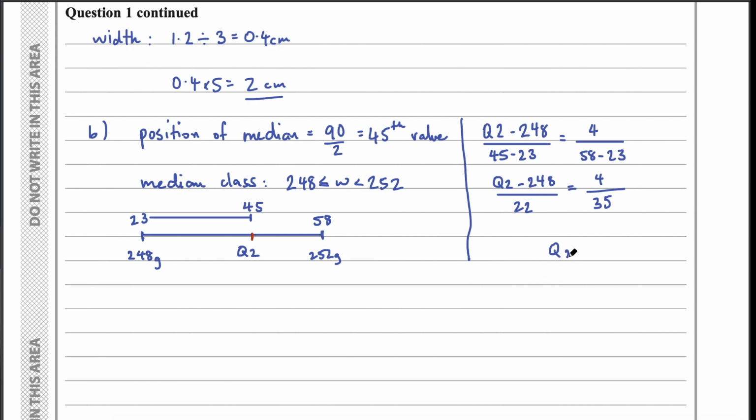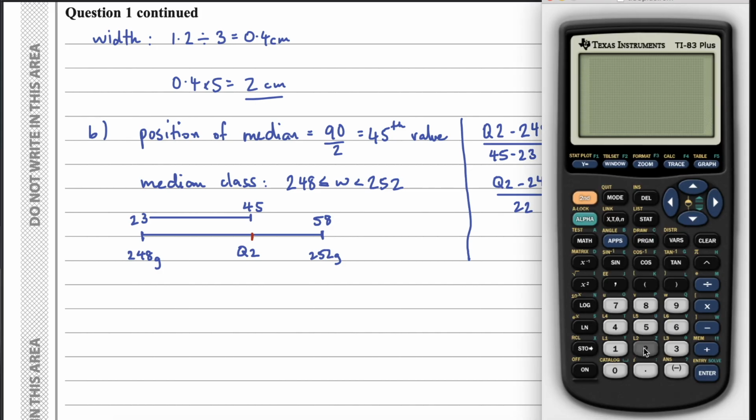Now we could cross multiply and then add 248 to the right hand side. So Q2 would equal 22 times 4, which will be 88 over 35 plus 248. And then I might just go ahead and use the calculator for that to get a decimal answer. So we've got 248 plus 88 on 35.